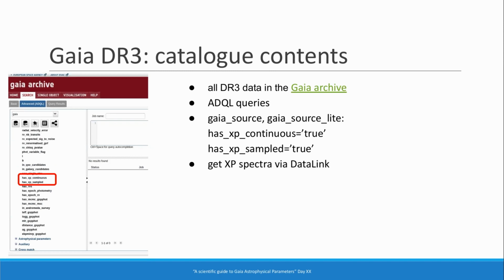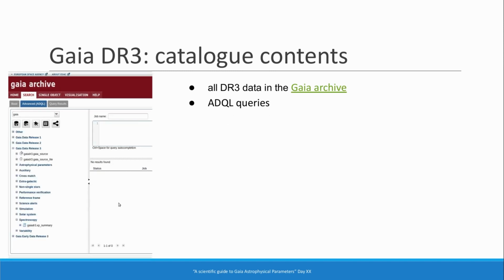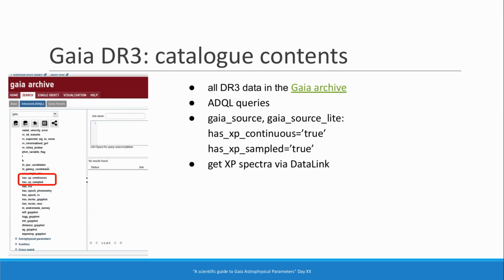If you click on this little plus here, this would open and show you what columns are available in each table. I've done that for the Gaia Source Lite table, and in particular, I want to show you these two columns here, which tell you whether a source has the XP coefficients and whether it has the XP sampled spectra. Remember, these are in the external system that look like a proper SED.